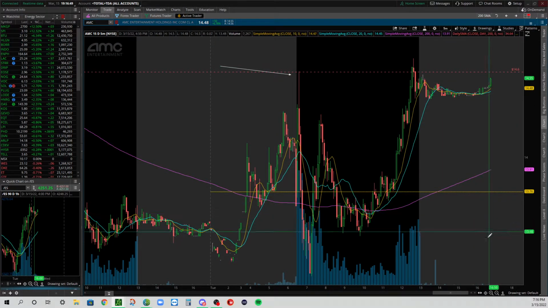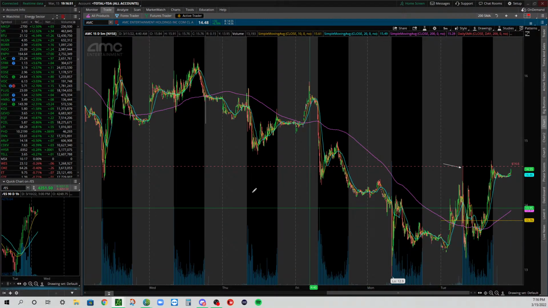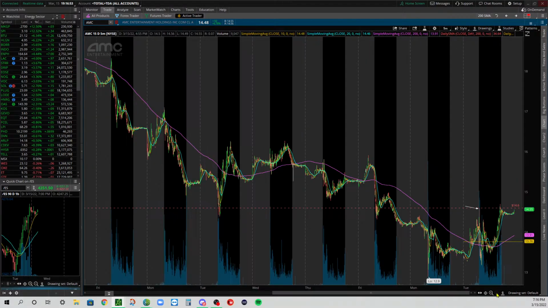Okay, so let's zoom out. So you can identify resistance right here and resistance right here. Then you could have shorted against that, or against this one even right here. So now you have identified, okay, these are resistance levels.